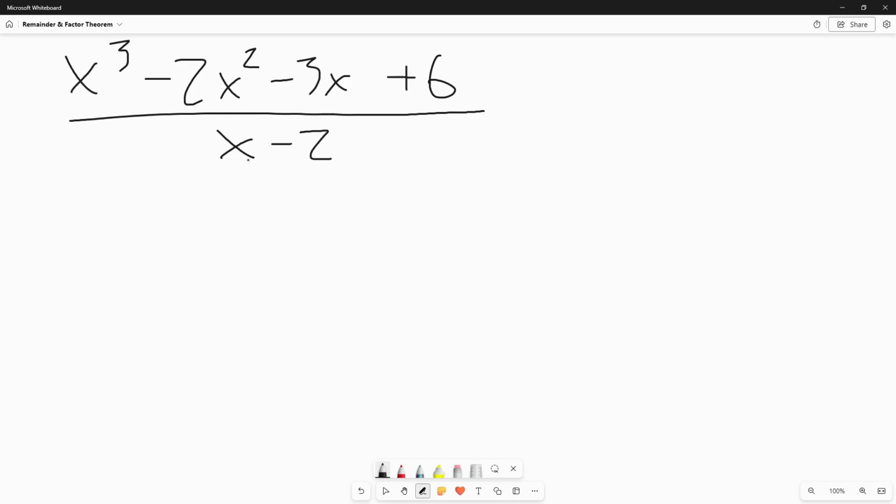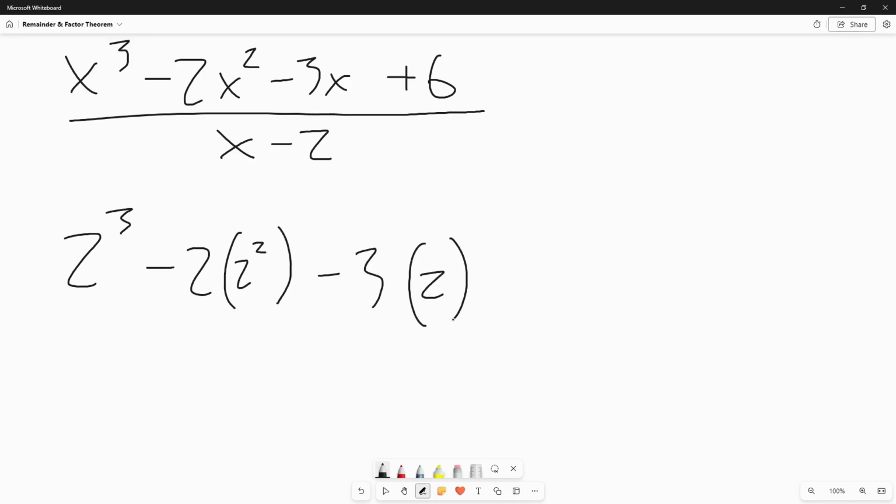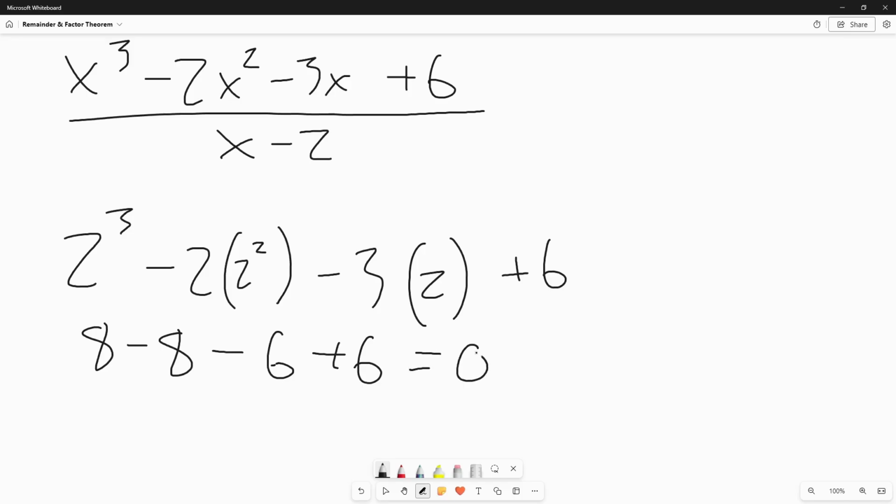But if we set x to 2 and plug it back into here, 2 cubed minus 2 times 2 squared minus 3 times 2 plus 6, we get 8 minus 2 times 4, which is 8, minus 6 plus 6. And notice that this equals 0, which makes sense because the remainder should be 0.